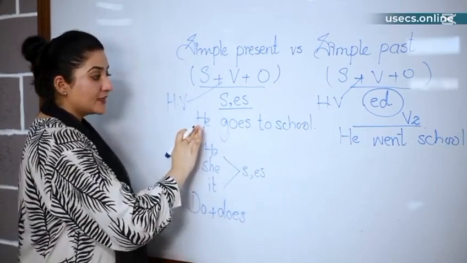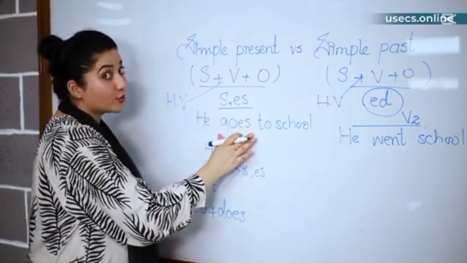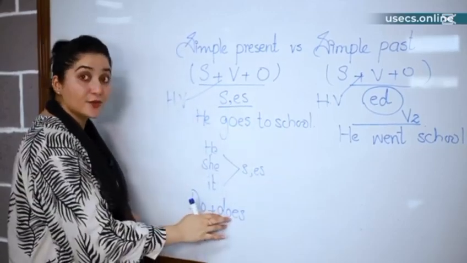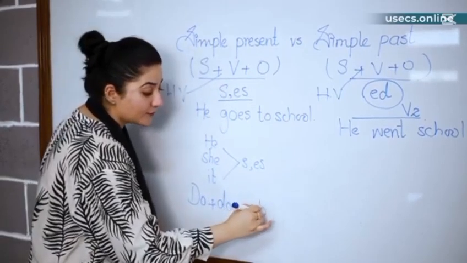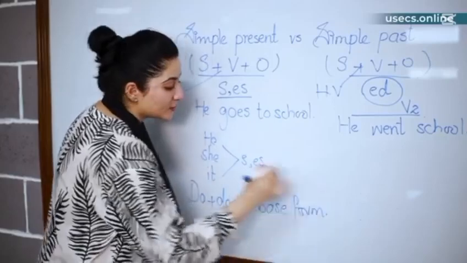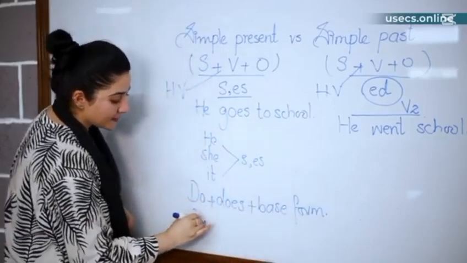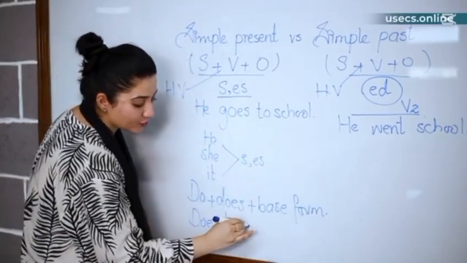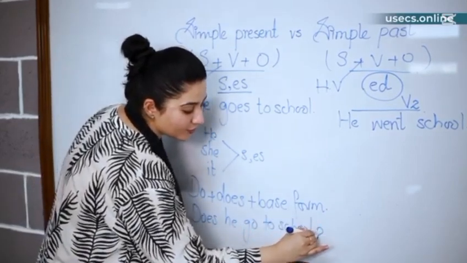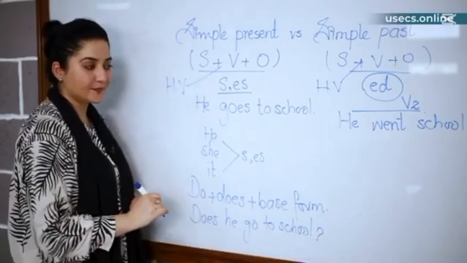So we will say, does he go or goes to school? So there is a rule here. With do or does, we always use the base form of the verb. And the base form is the first form of the verb. So we say, does he go to school? And with interrogative statements, we always use a question mark.